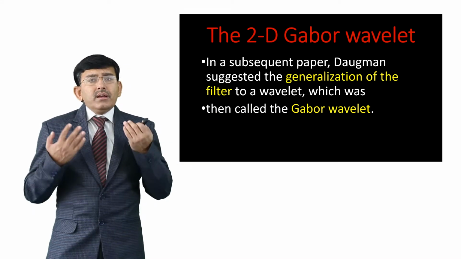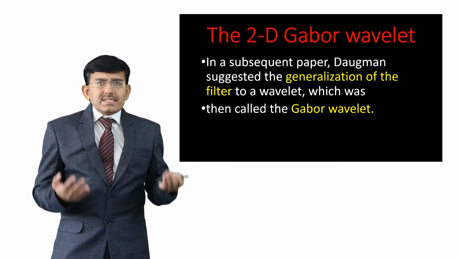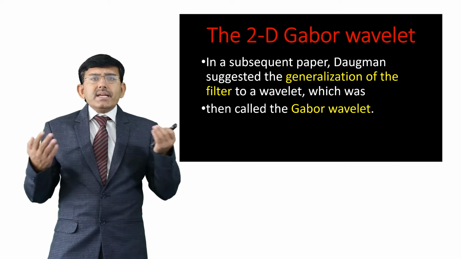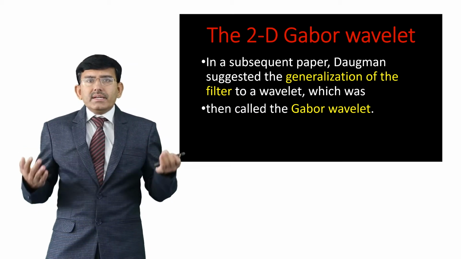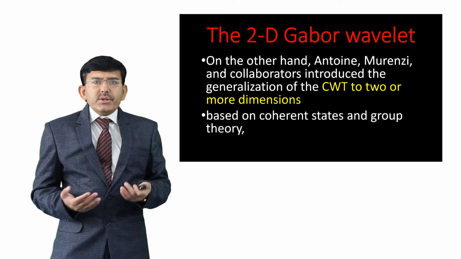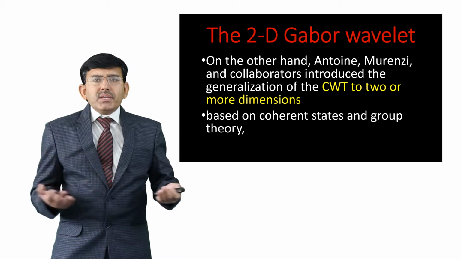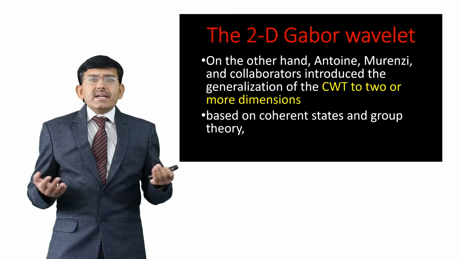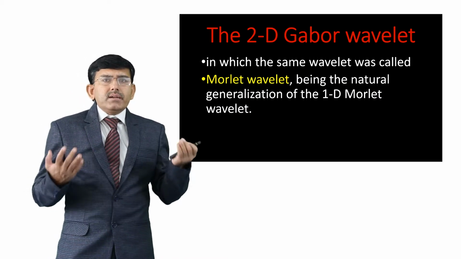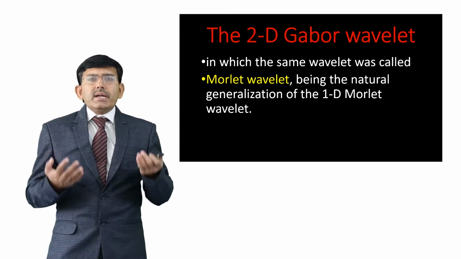In subsequent research work, Daugman suggested the generalization of the filter to a wavelet, which was then called the Gabor wavelet. On the other hand, Antoine, Murenzi and collaborators introduced the generalization of the CWT to two or more dimensions based on coherent states and group theory, in which the same wavelet was called the Morlet wavelet, being the natural generalization of the 1D Morlet wavelet.